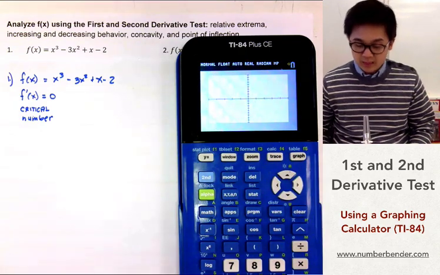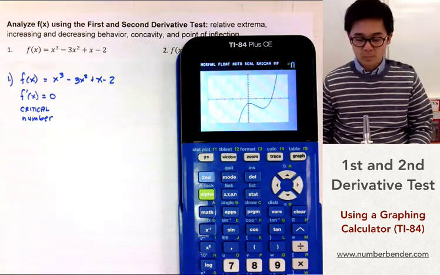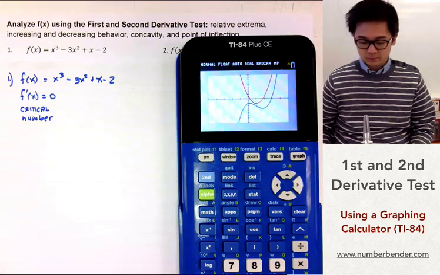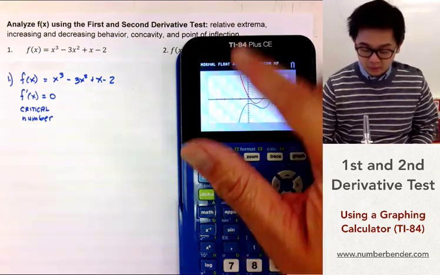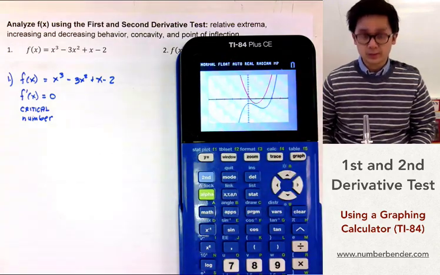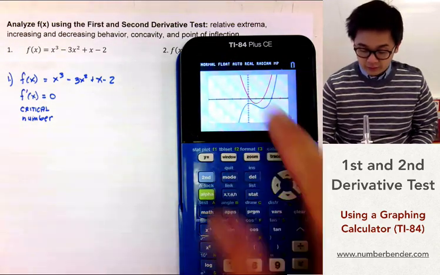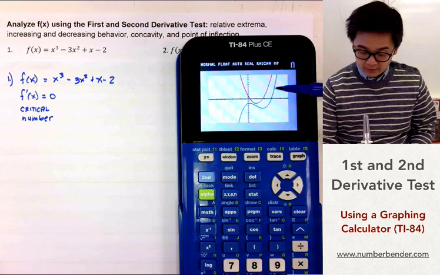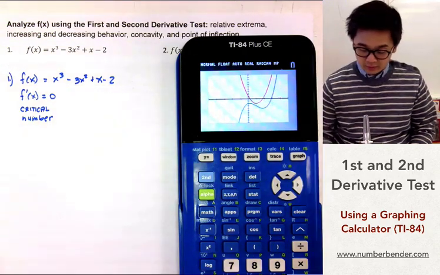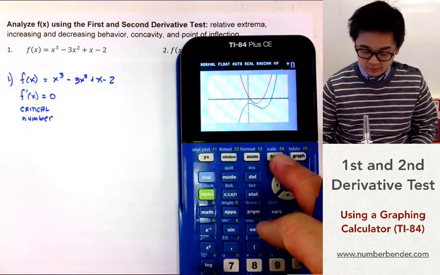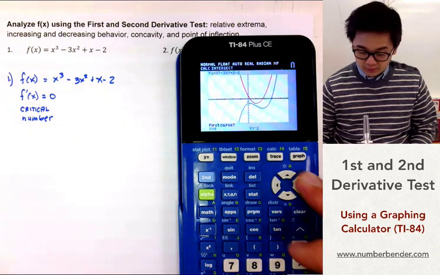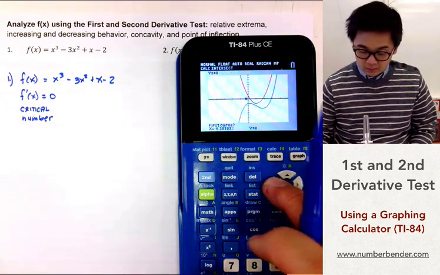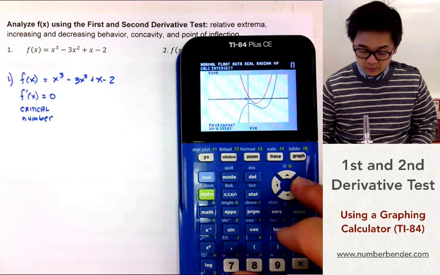Now that our graph is a little bit bigger, we can concentrate on the derivative function, which is the parabola opening upwards. To find the point of intersection of the red graph along the x-axis, just push second, function trace, and go to intersect, and we'll find the point of intersection with y equal to 0.